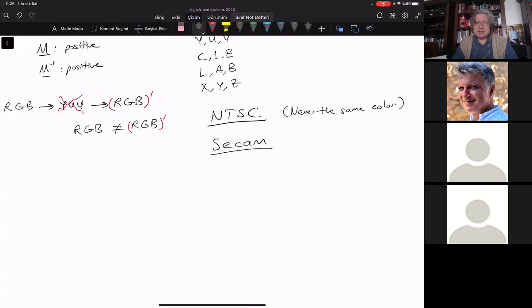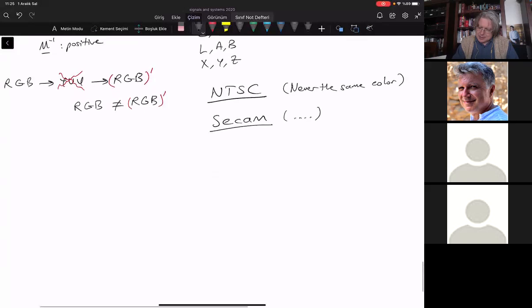Of course, it's National Television Standards Committee, but they called it never the same color. And CCAN, which was a French company, also did something, but it's not good either. And then came the PAL standard of the Europeans, which in Turkey we are also using. And in the majority of countries, this is still the analog television standard.